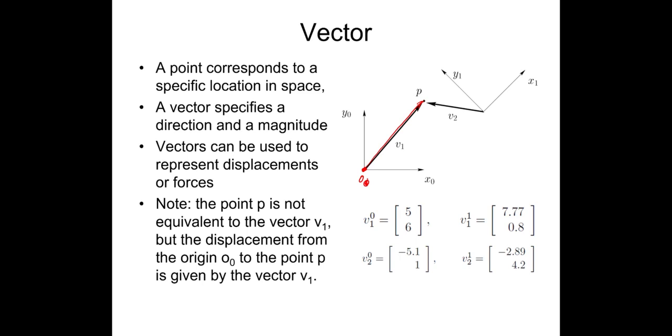So let's see the position of vector. Okay, so here we have V1, and this V1 is from O0 to P. If we use the reference of frame 0, then we write it as V1 with the reference 0, and apparently that equals the P vector. Okay, so here this is my 5 and this is 6.